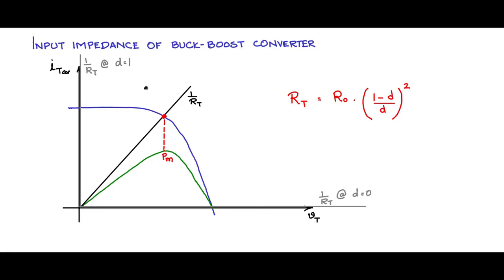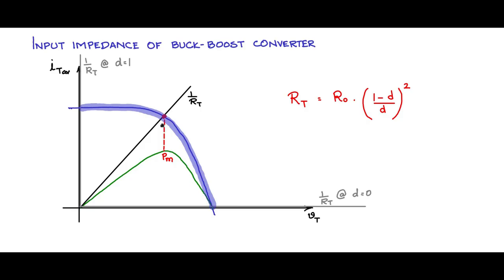So this means that all the points of the IV curve in the first quadrant are reachable by the buck boost converter. So this entire first quadrant portion of the IV characteristic are possible operating points for the PV module, and therefore obviously the peak power point will definitely come within the range of the buck boost converter.